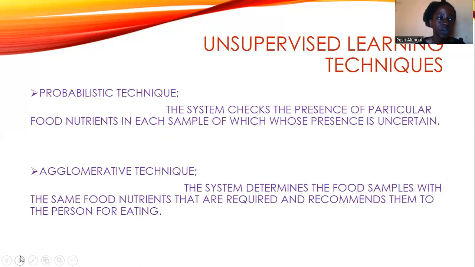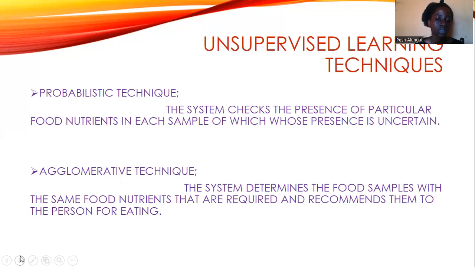You know, probability refers to the number of chances. It refers to the number of chances for the presence of these given food values. So it will be able to tell you that this food is certain to contain food nutrients like this and that. So we have the algorithm technique.